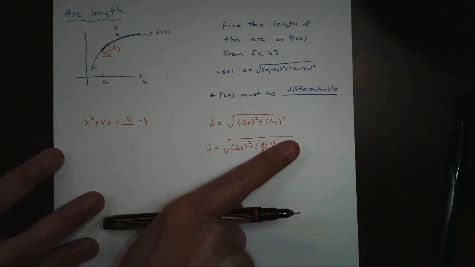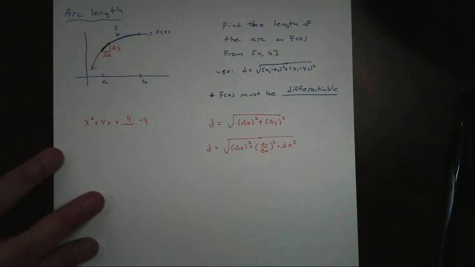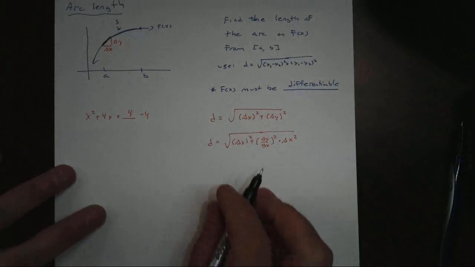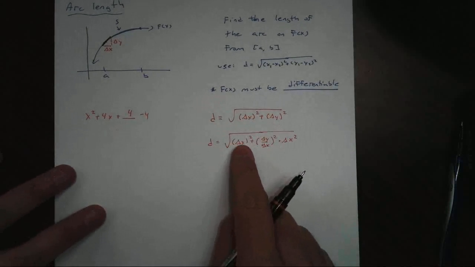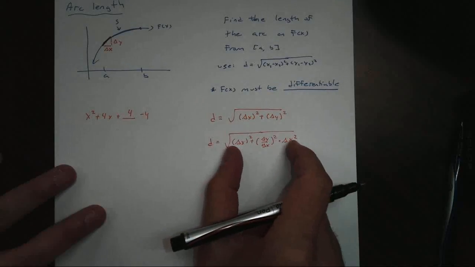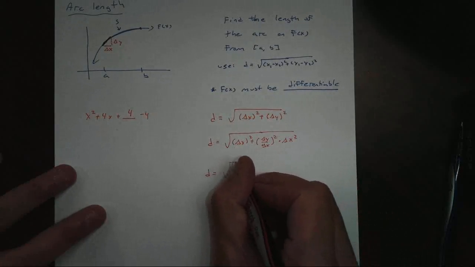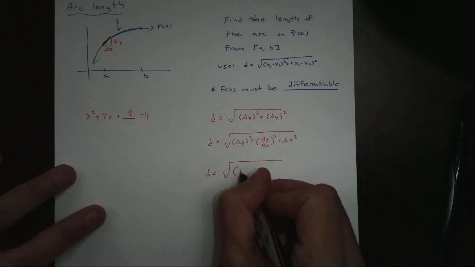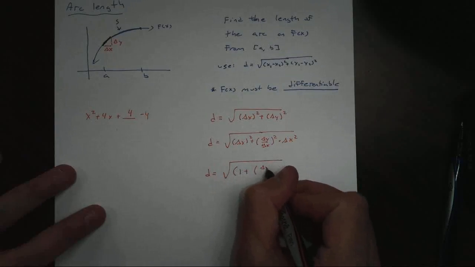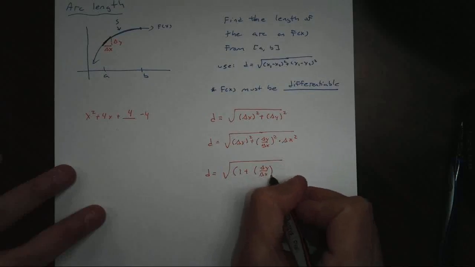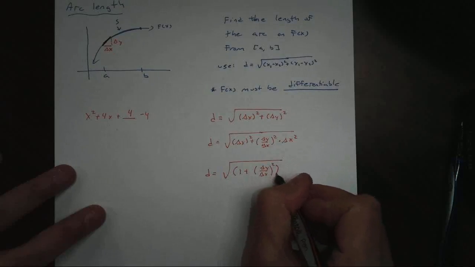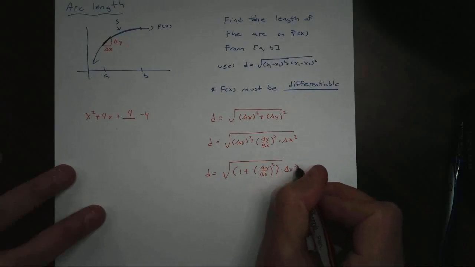And if you notice, those will cancel, and I haven't changed the value of my equation. Now the reason we do that, take a look. I have two terms, they both have a delta x squared. I can factor that out. And that's going to give me 1 plus delta y over delta x squared, times delta x squared.